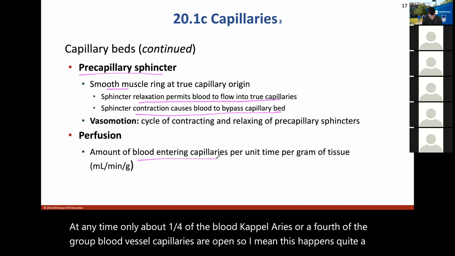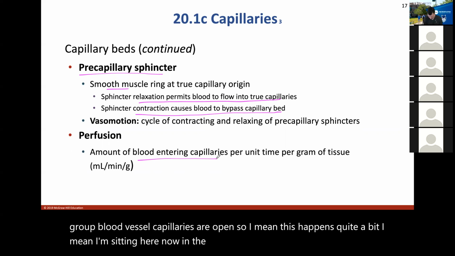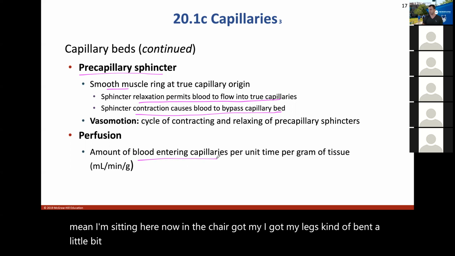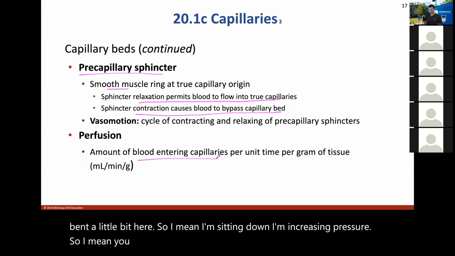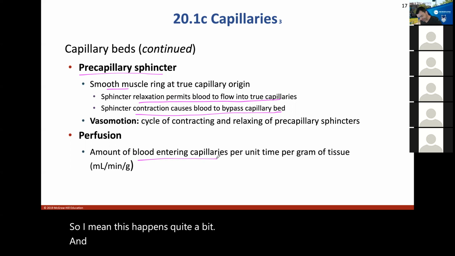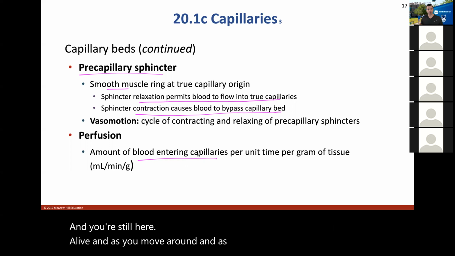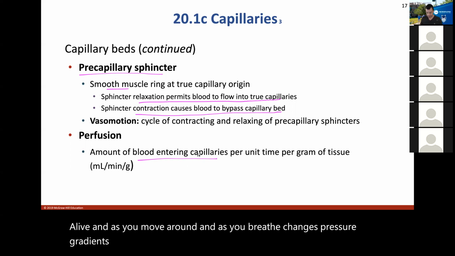So this happens quite a bit. I'm sitting here now in the chair with my legs kind of bent a little bit, so I'm increasing pressure. This happens quite a bit, and you're still alive. As you move around and as you breathe, it changes pressure gradients inside the body, and we survive.